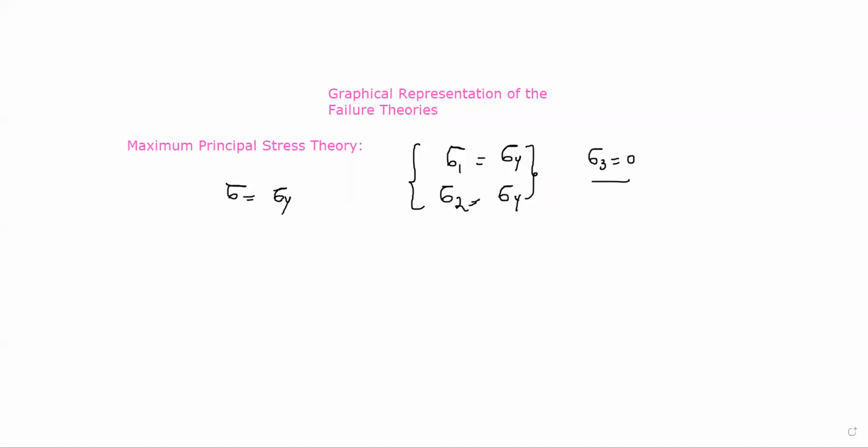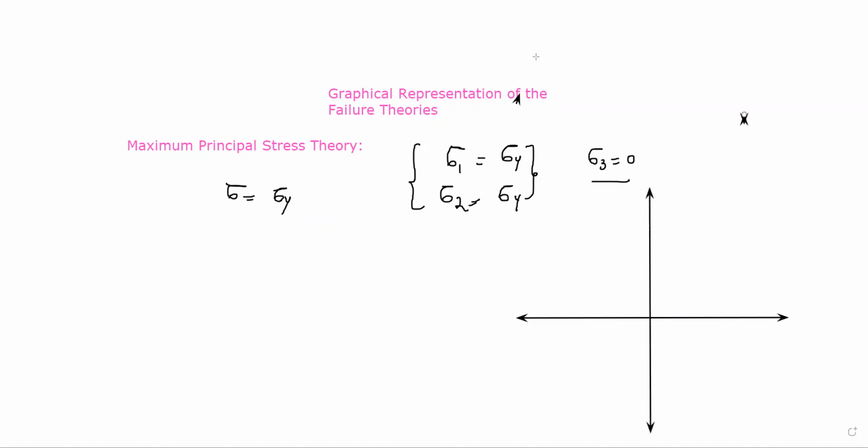Fine. Now let's take the coordinate system. This is our sigma 1 axis. This is sigma 2 axis.